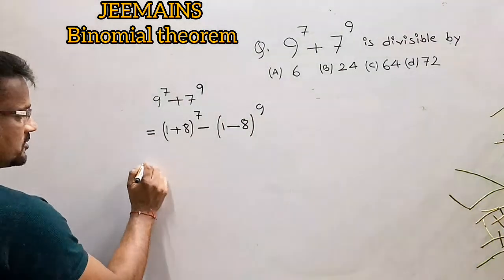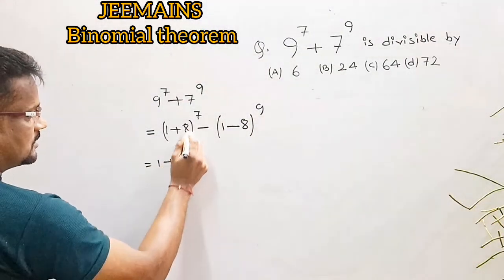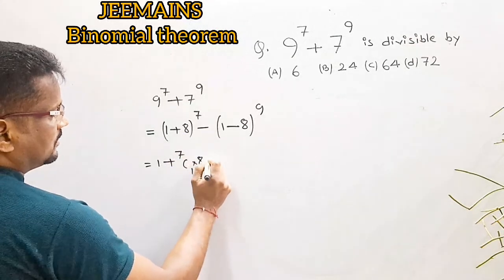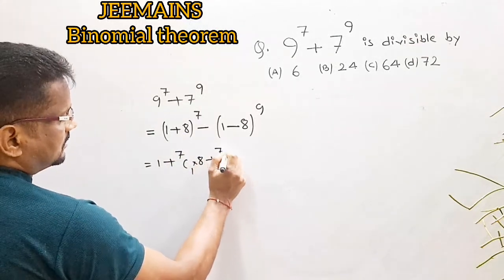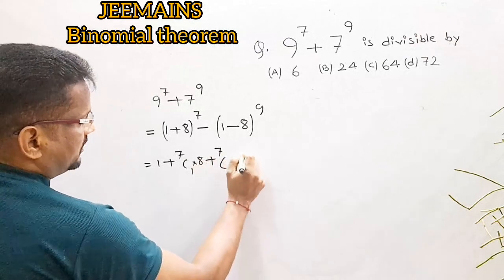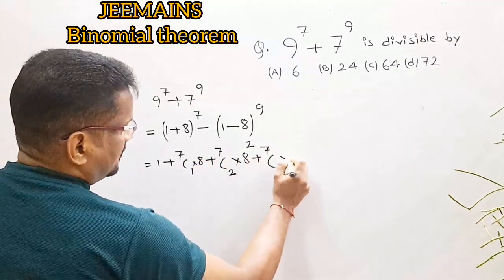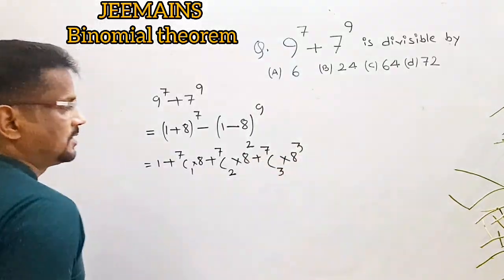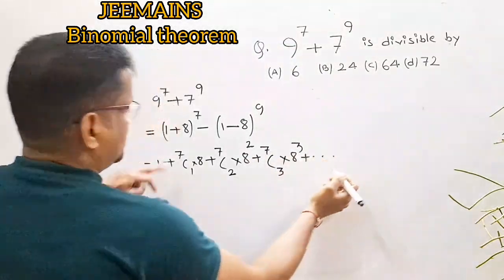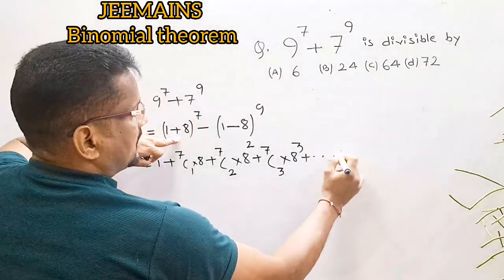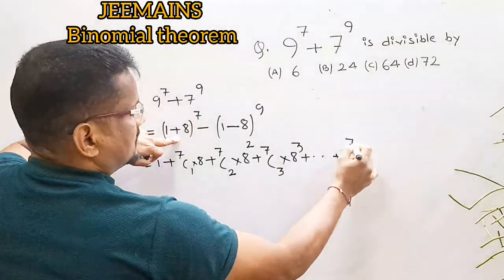Now just go for expansion: 1 plus 7C1 into 8 plus 7C2 into 8 square plus 7C3 into 8 cube plus so on, plus 8 to the power 7.